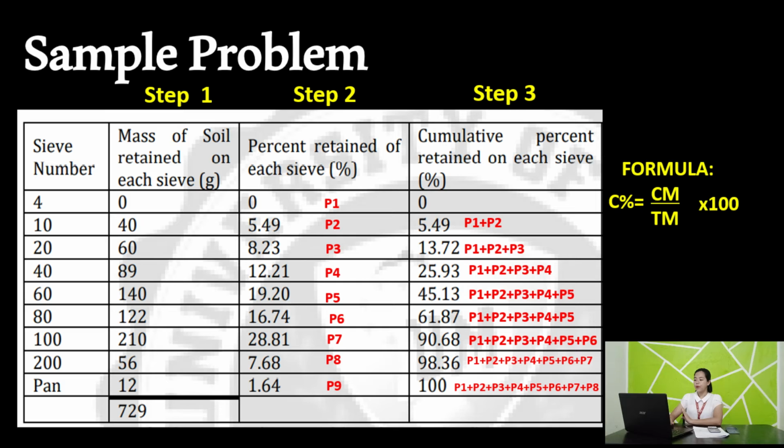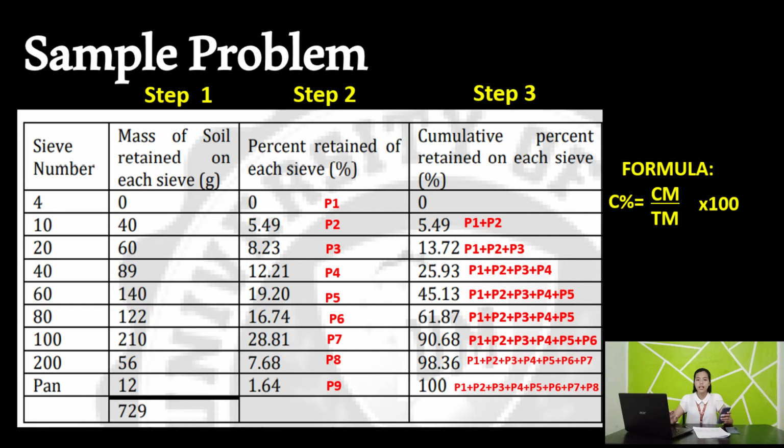Sunod, para makuha nato ang cumulative percent retained ni sieve number 20, atong plus lang ang percent retained ni 4, ni 10, ug ni 20. So, 0 plus 5.49 plus 8.23. Ang answer is 13.72.